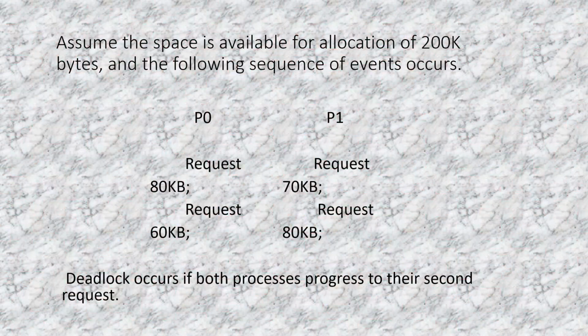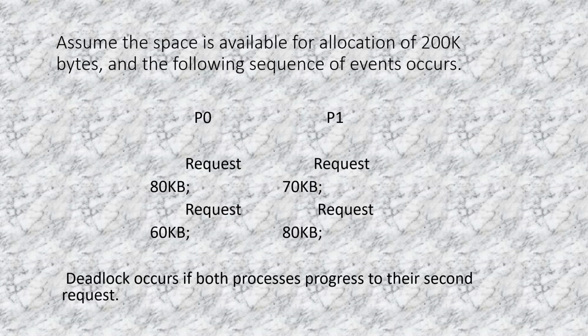Let us assume that the space is available for allocation of 200 kilobytes, and the following sequence of events occurs. In the given scenario, two processes P0 and P1 are requesting memory allocation in a system with the total space available for allocation of 200 KB.